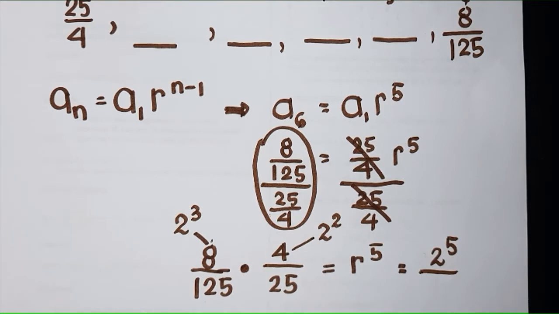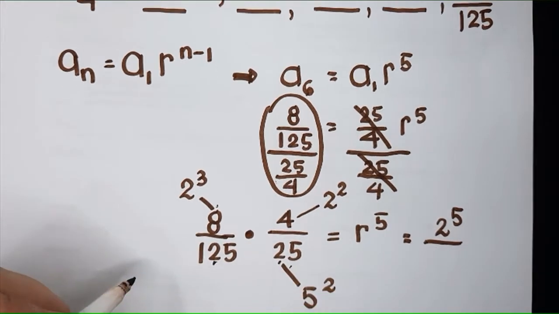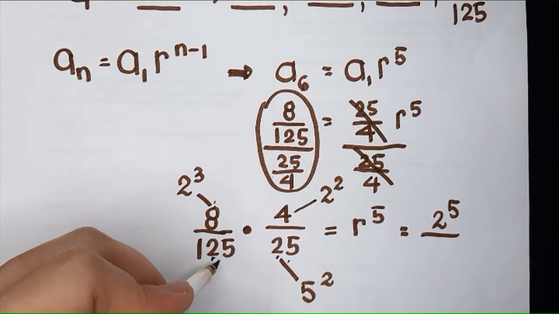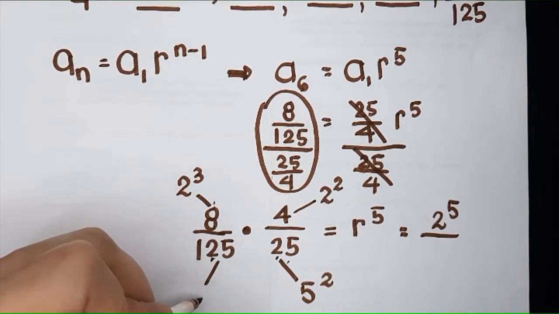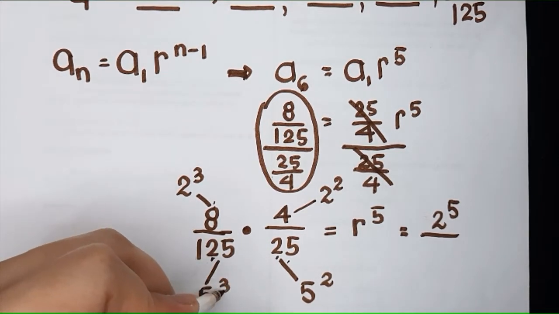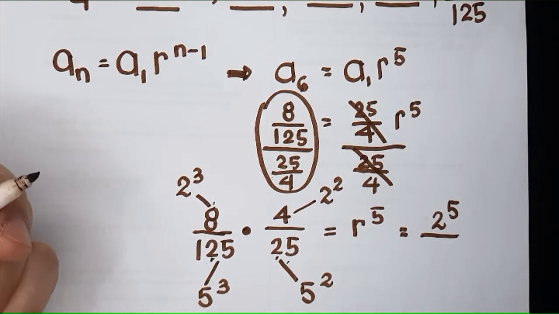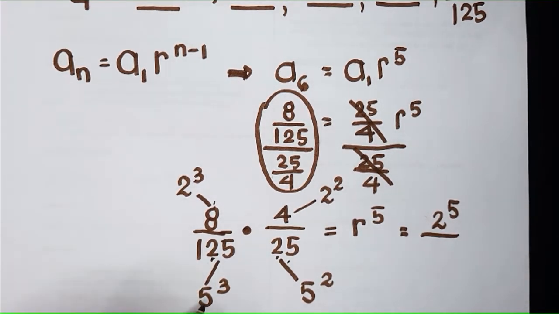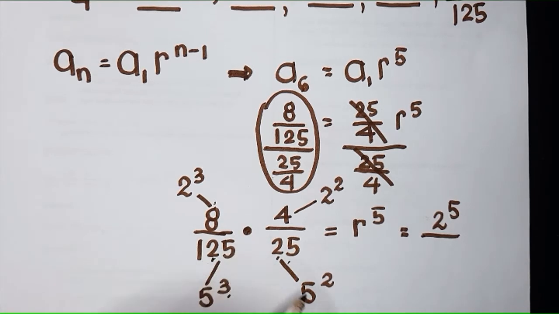Divided by, what about this one? The denominators. Yung 25, it is 5 squared. Right? What about 125? This is 5 cube. Okay? This is 5 times 5 times 5. Alright? So, what is 5 cube times 5 squared?